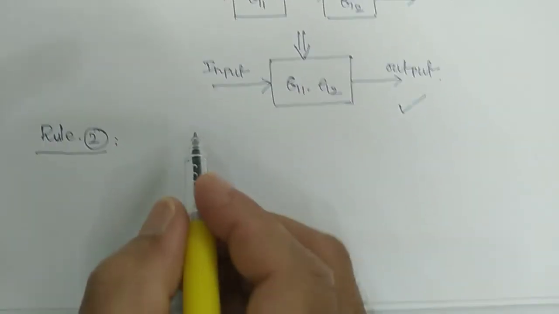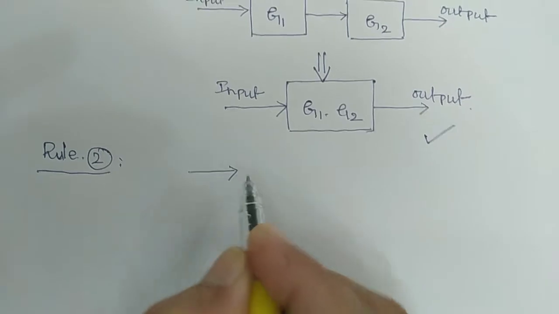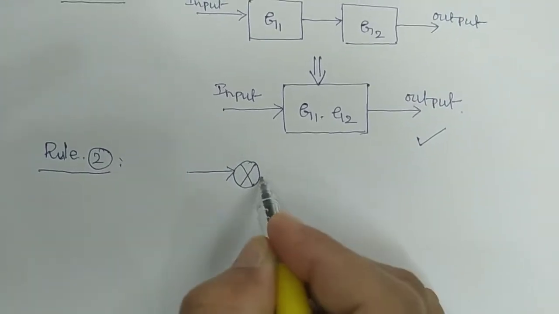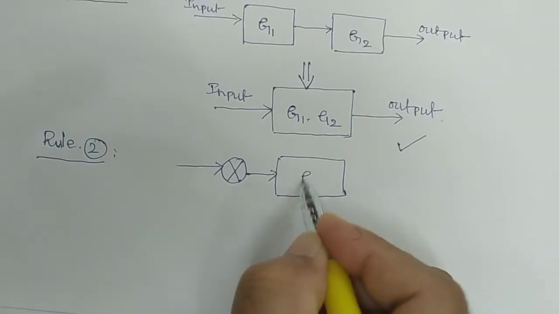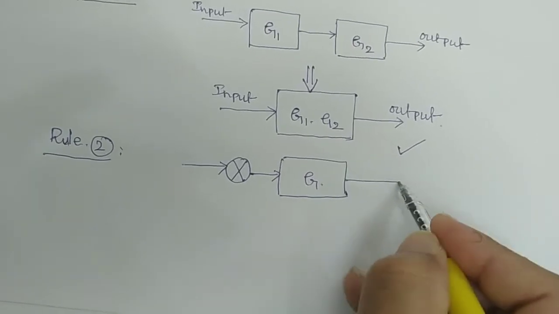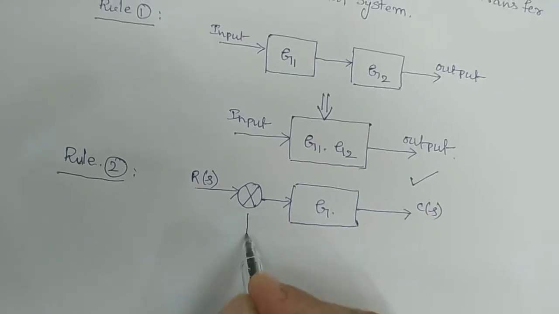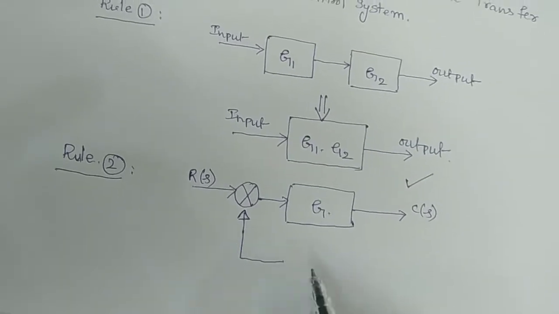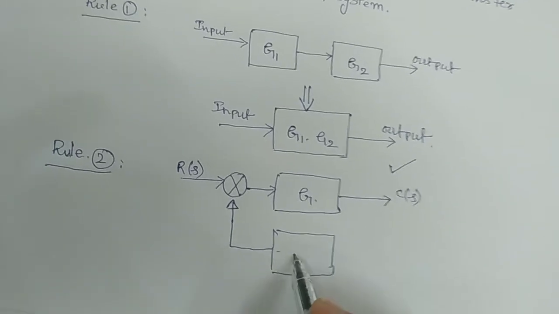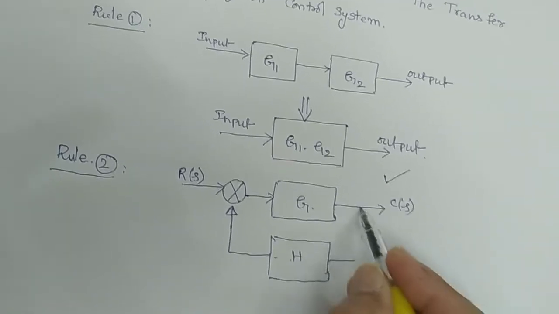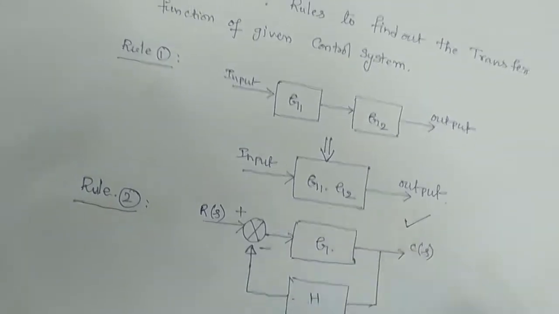If in the given problem you have this type of structure, the same as what we studied in our last sessions, with G and the output, and the feedback H, it is negative feedback.